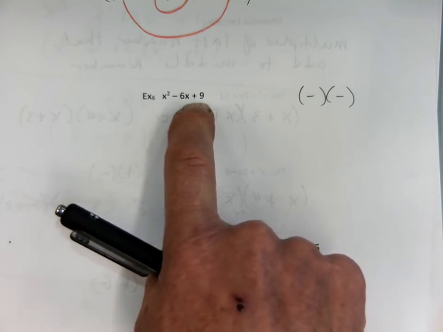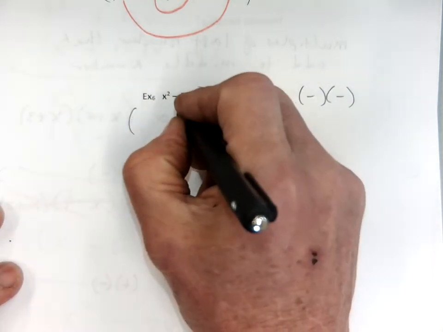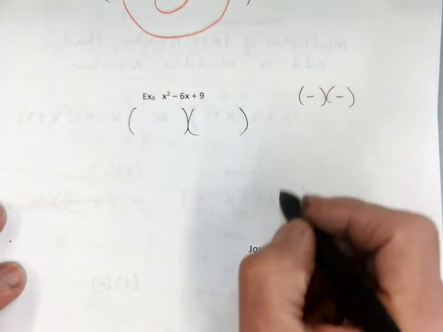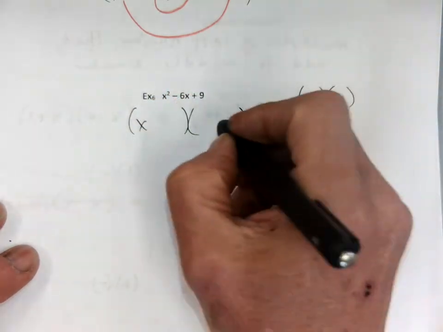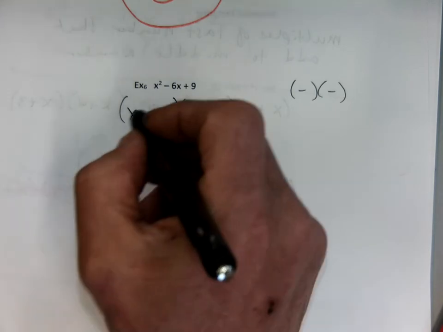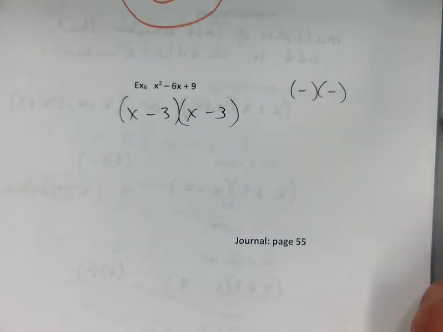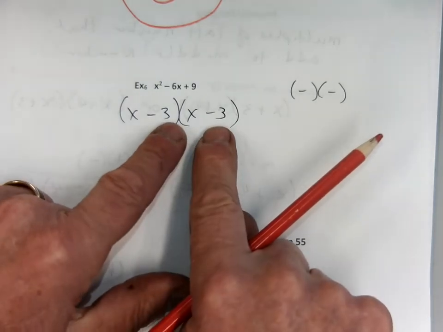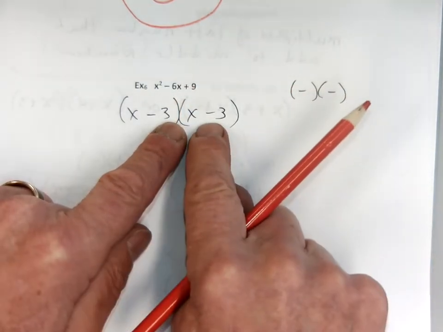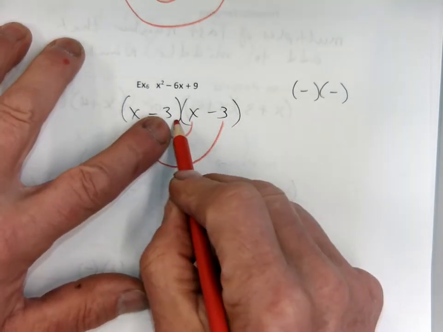Let's write it down so we can see it. I know x and x, right? And Grace said negative 3 and negative 3. Let's check it out. Negative 3 times negative 3 is a positive 9, right? But my double smiley makes my negative 3x, another negative 3x, okay?